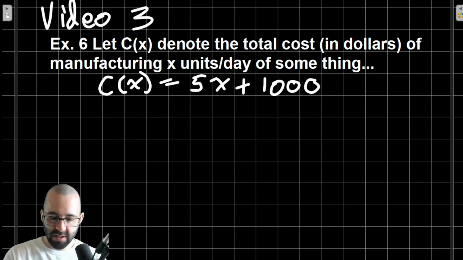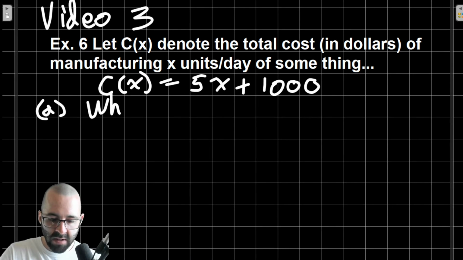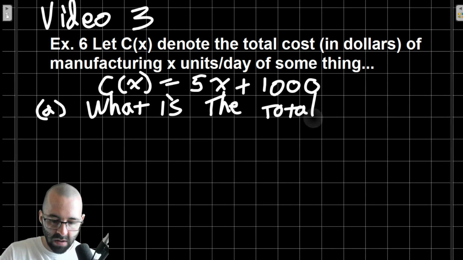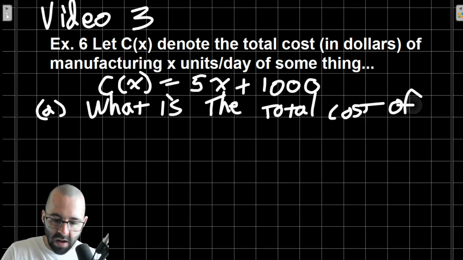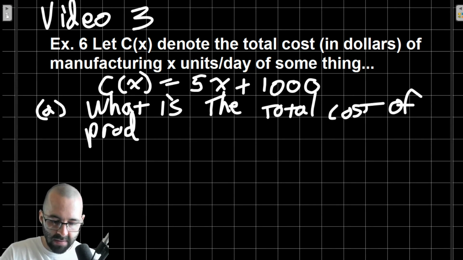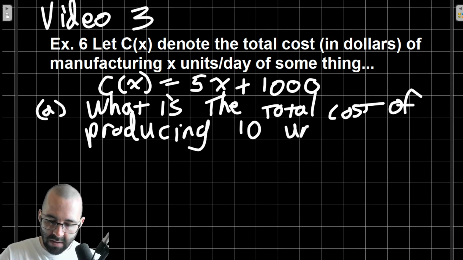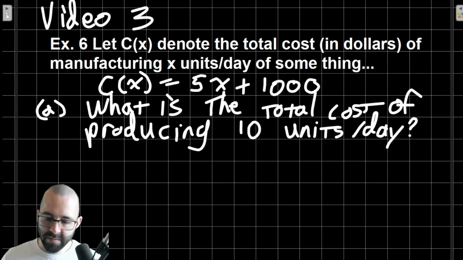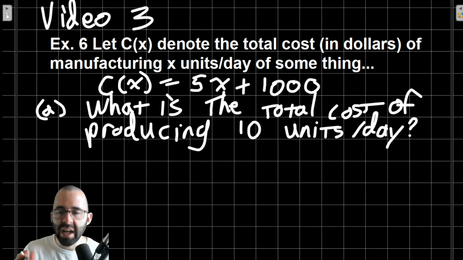So we have a couple questions here for you. First question is, what is the total cost of producing 10 units per day? So again, you just look at the original problem. We have mathematical information, C of x.